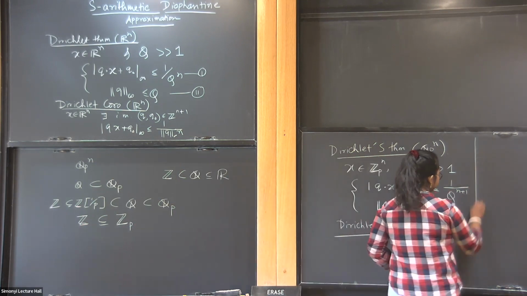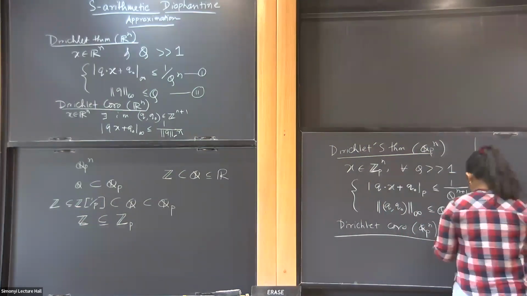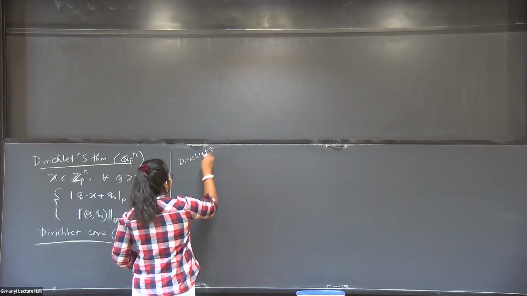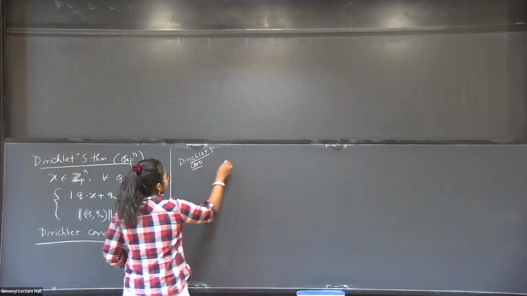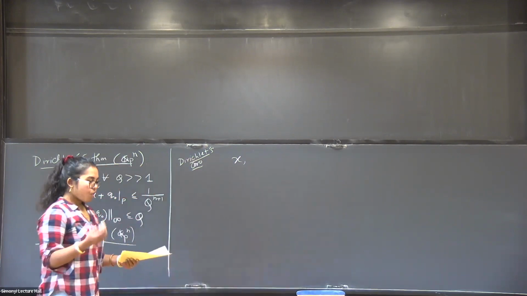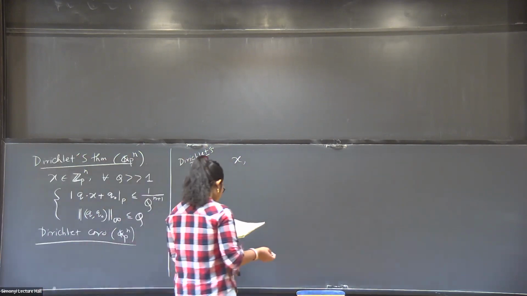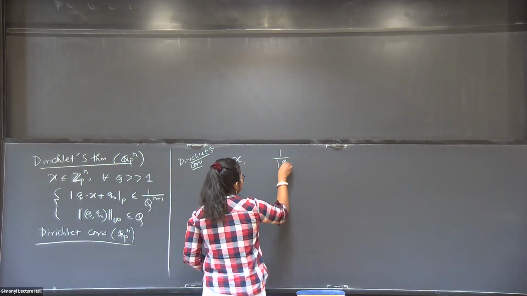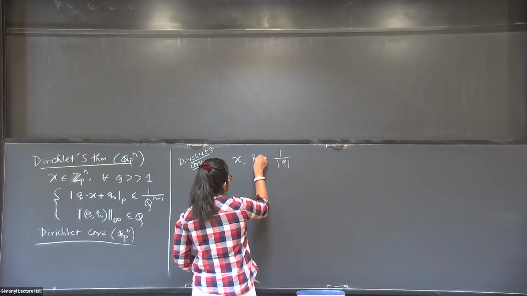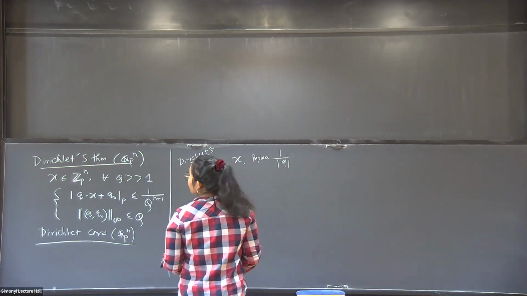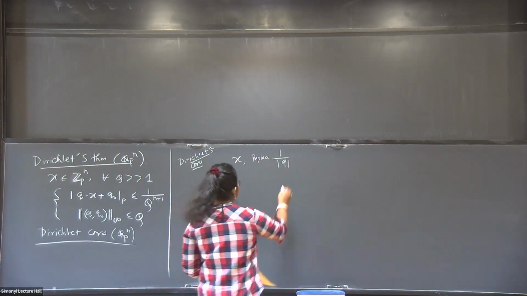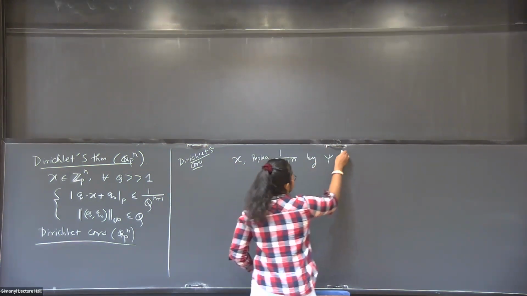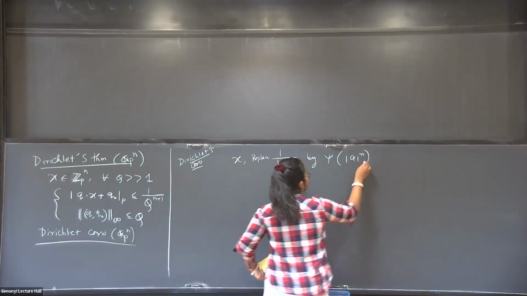So if you want to improve Dirichlet's corollary, meaning you want to look for x such that you can say more than what Dirichlet's corollary says, let's say I replace 1 over Q to the power n by some psi function.